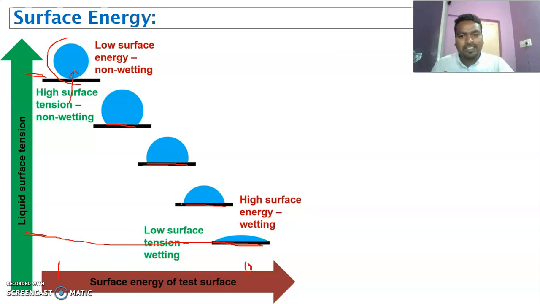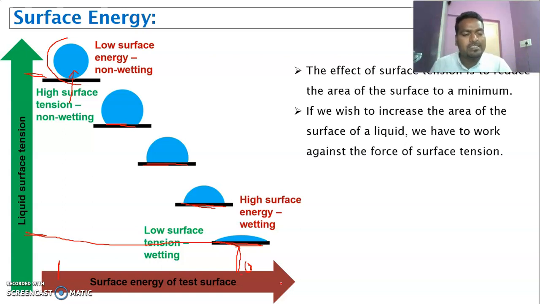But look at the surface energy. Here surface energy is high, so its surface area is also high. So surface tension is inversely proportional to surface area, and surface area is directly proportional to surface energy.